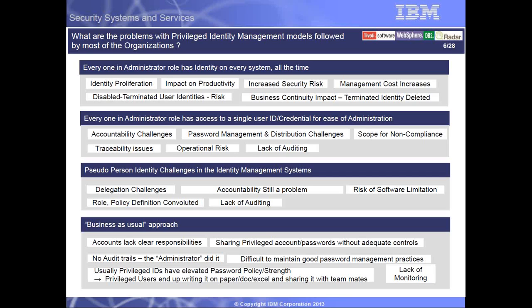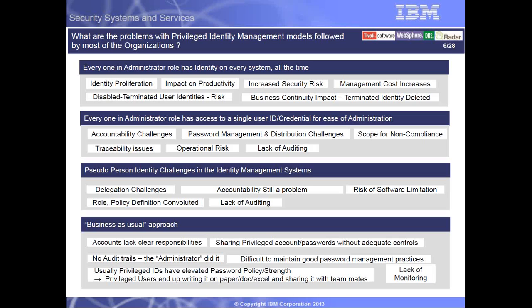Scope of non-compliance. You have traceability issues, operational risk, because in this model, let's say there are 10 people in the administrator role, all have access to this ID, which means irrespective of skill level, you are still giving the access to them.